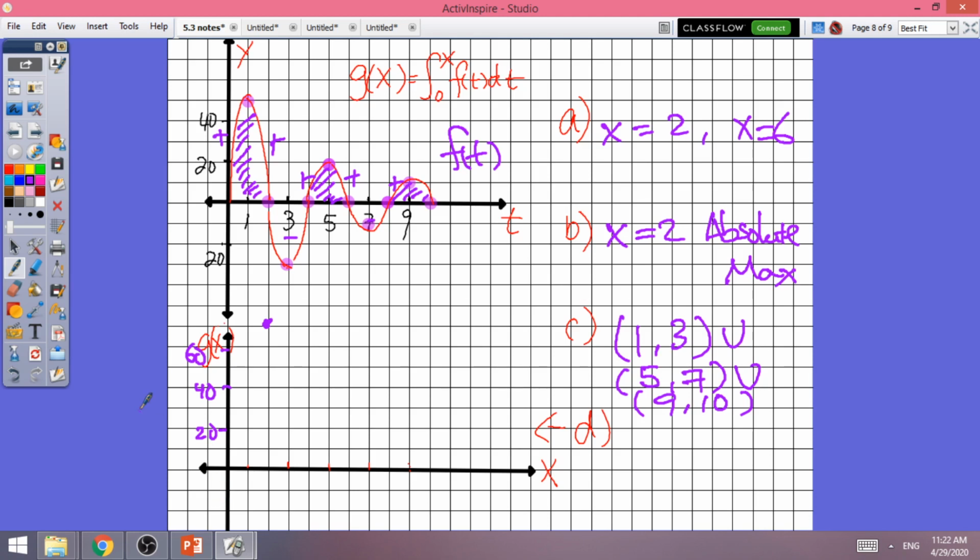You know what? Let's just reset the scale. So this one, we're running out of space down the bottom. So instead of using 20 for the Y scale, let's use 30.